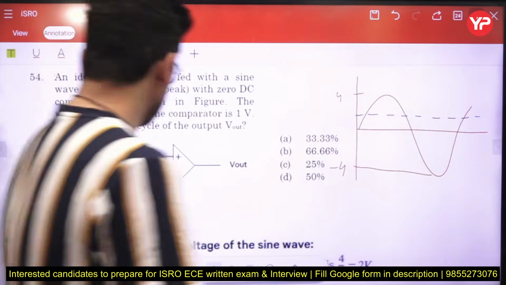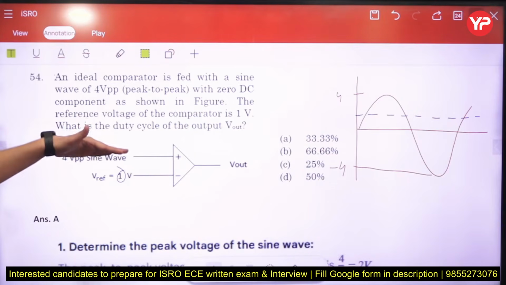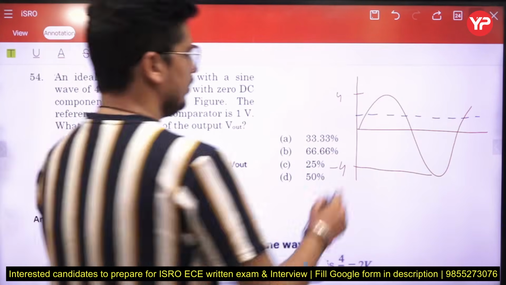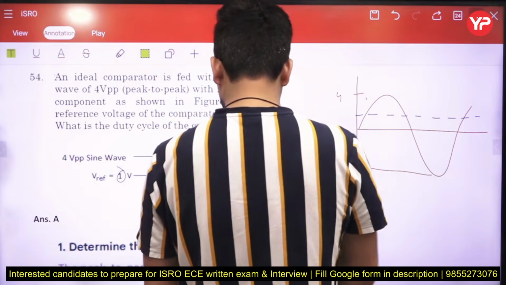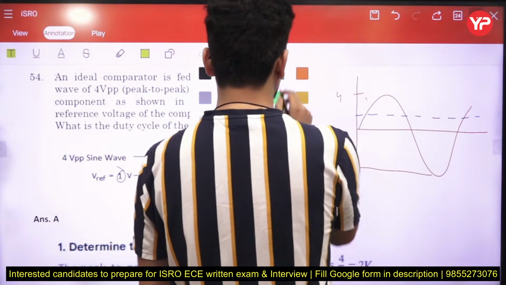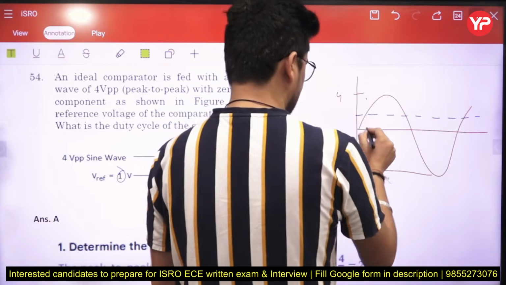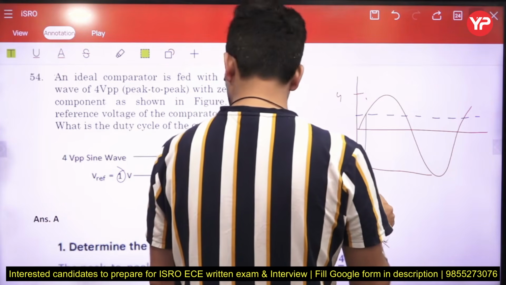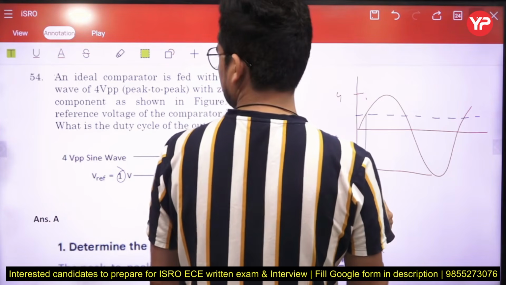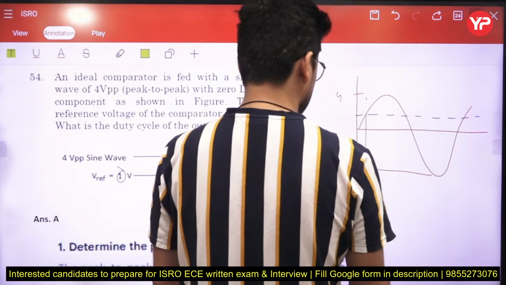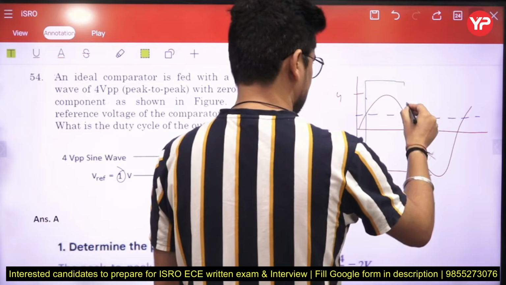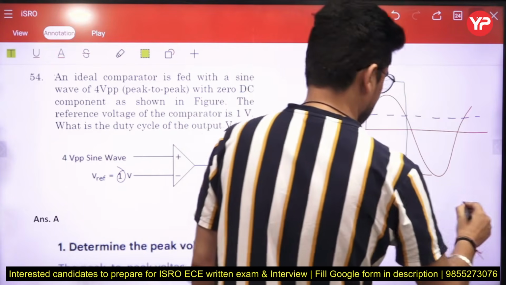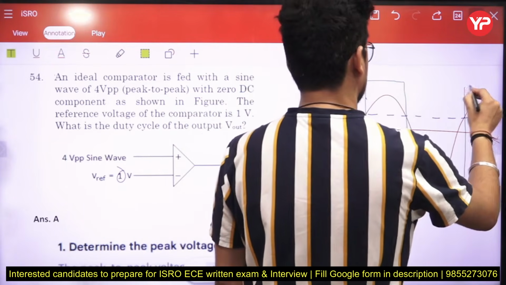Whenever your input goes above 1 volt, the output waveform will be, I am drawing the output waveform, this is the reference. Let's draw the output waveform. Let's take minus VCC, and then it will go plus VCC, minus VCC, plus VCC like this.